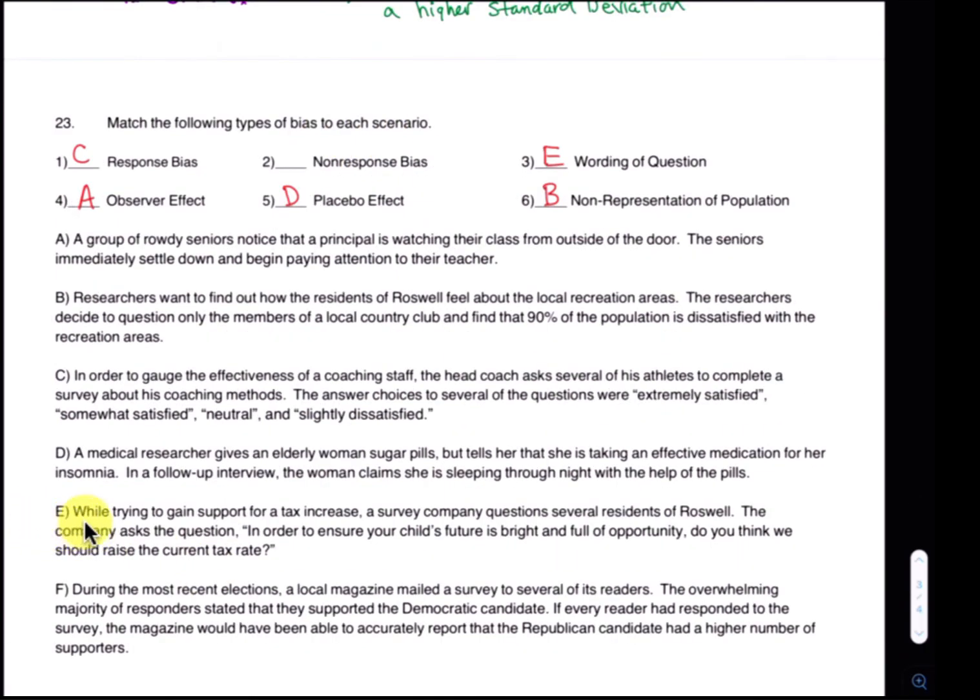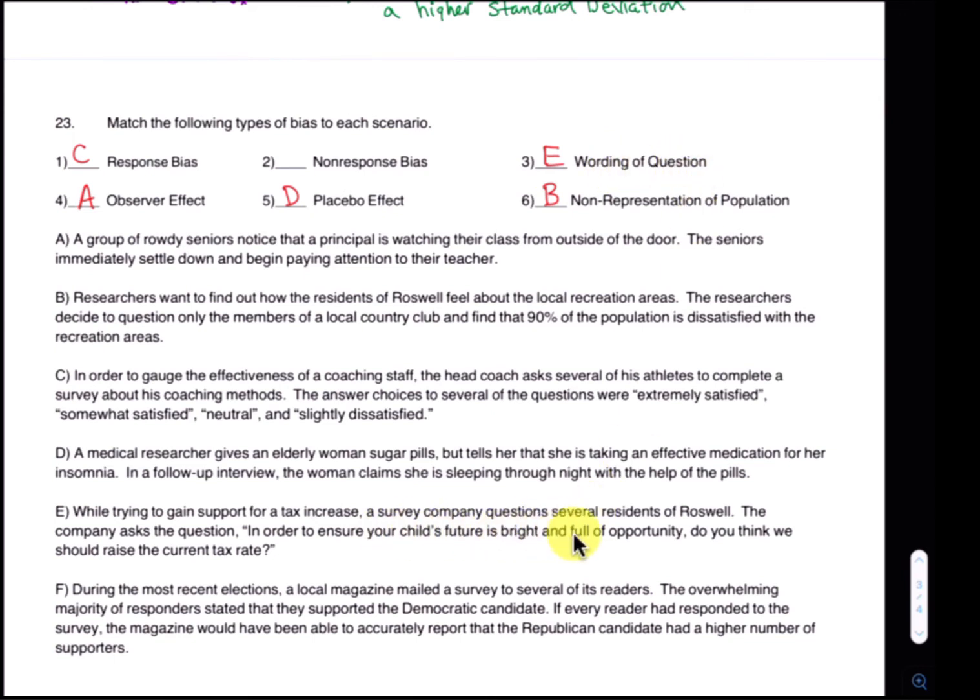All right, here's E. While trying to gain support for a tax increase, a survey company questioned several residents of Roswell. The company asked the question, in order to ensure your child's future is bright and full of opportunity, do you think we should raise the current tax rate? That is definitely wording of the question.